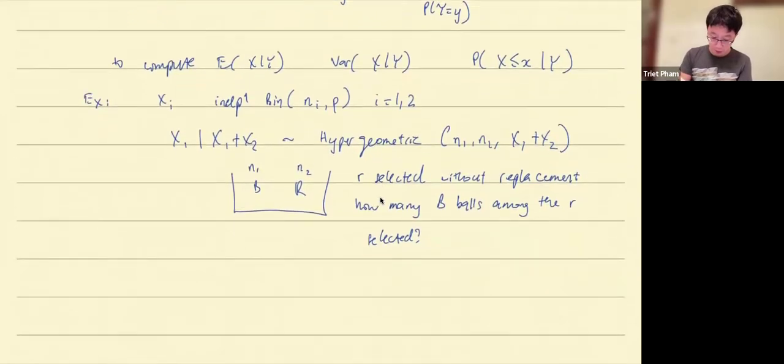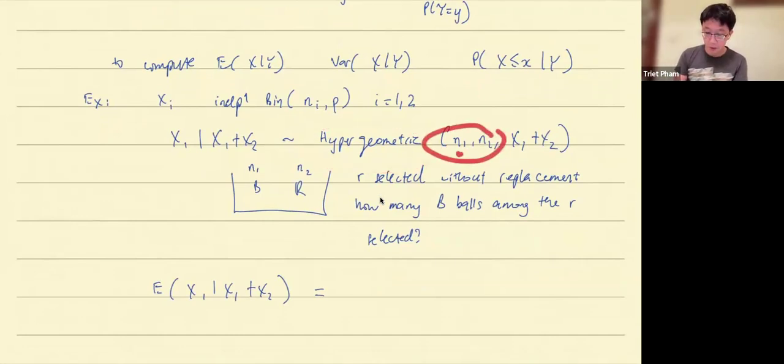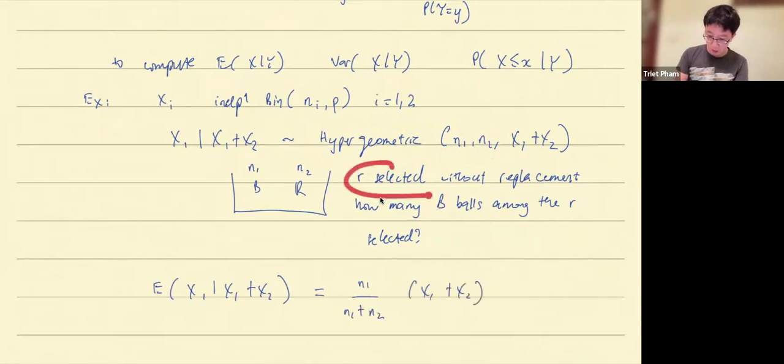For example, to continue with the example, if you calculate the expectation of X1 conditioned on X1 plus X2, in this case the expectation of a hypergeometric will be the relative ratio of the category you're interested in, multiplied by the sample size, which is X1 plus X2.